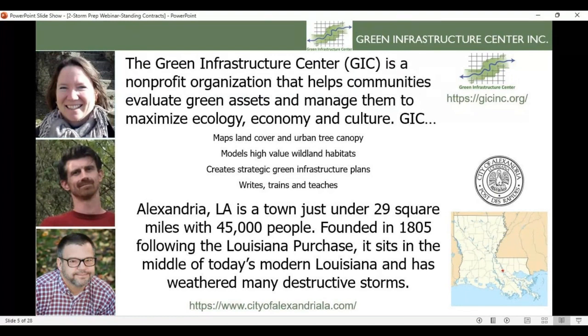So we not only create data like land cover and canopy maps, but we also work with communities to apply the data in a strategic way, integrating it into their daily and long range planning. And then we do a lot of educational programming, like this through a series of webinars or writing of guides or educational materials to be able to provide the information and resources for communities, help spread the information.